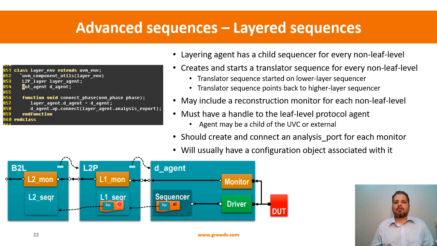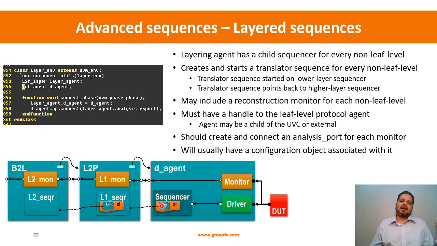Each of those 1 kb gets transmitted to the link layer, and the link layer, let's say, breaks it up into 256 byte link layer packets. So it takes each one of those 1 kb sequence items coming in, translates it into 4 256 byte link layer packets and sends it out to the physical layer sequencer.